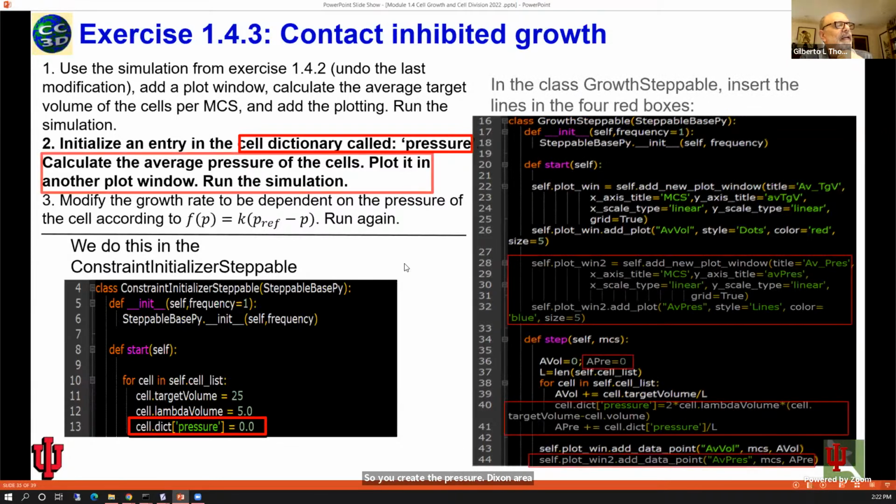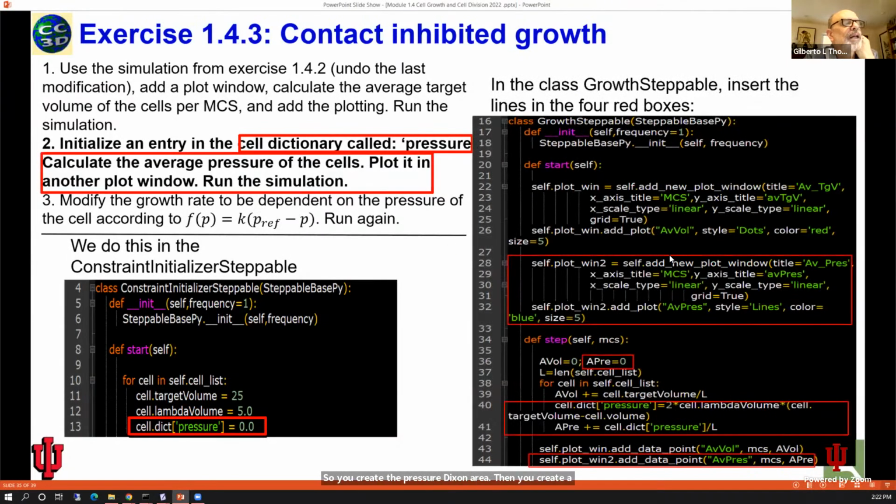Then you create a new plot window here, the same as before. I mean, the setup in the start function with a new name for that window. See here, AV press. Now you create a new variable to calculate the average pressure here. And here you do the following.